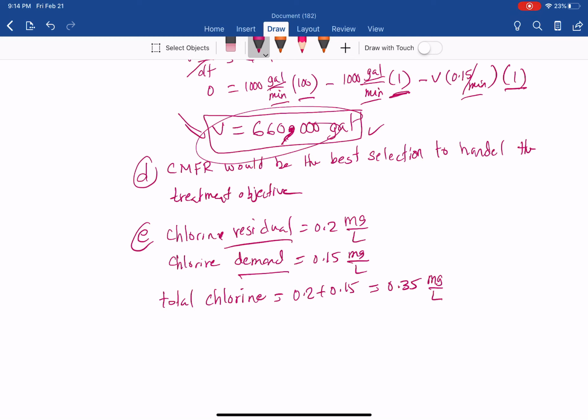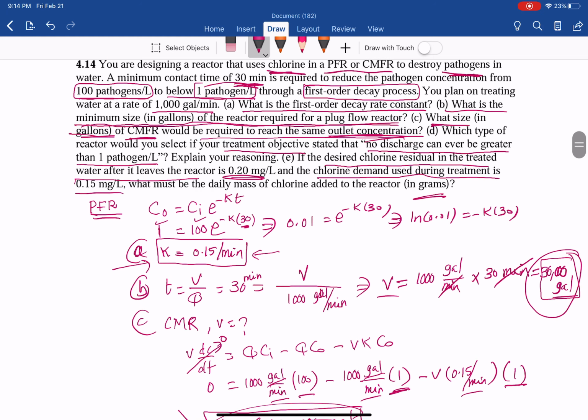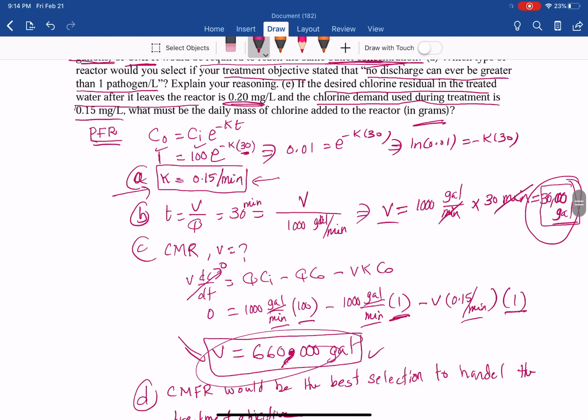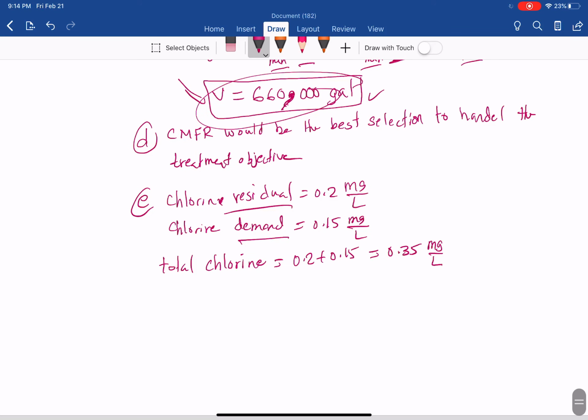So let's look at this milligram to gram, and you have this is per liter. But how many gallons per minute do you have? You have 1,000. That's the discharge in general. So 1,000 gallon per minute, and also you change gallon, so we'll have space here.